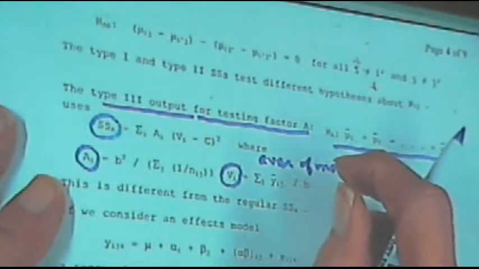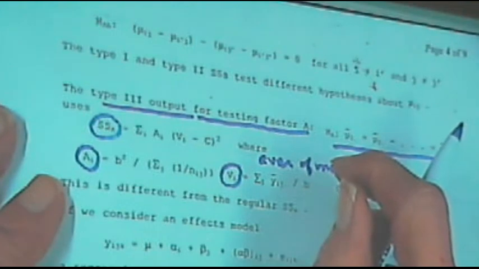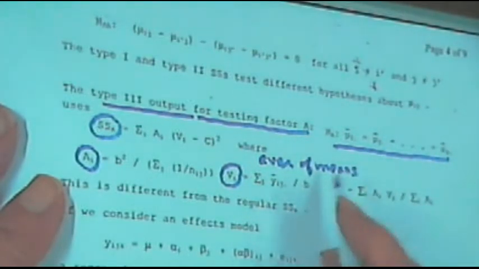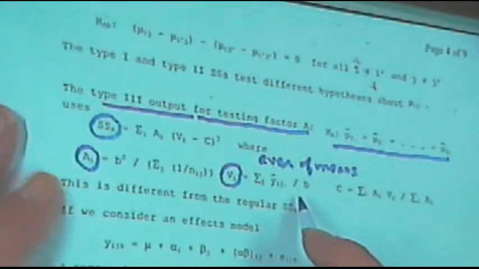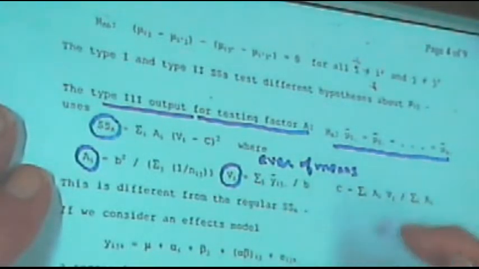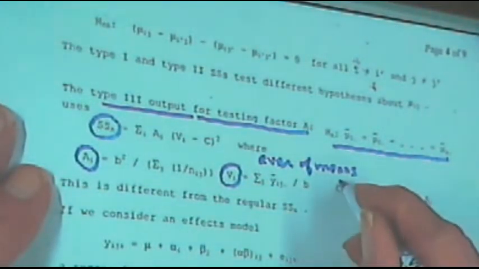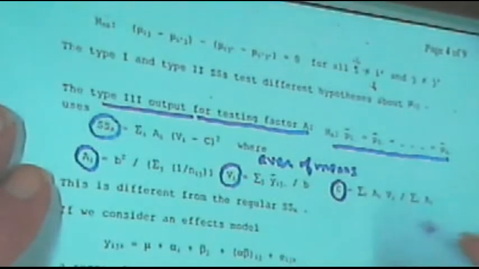That's not the same thing as the average of the data in the ith row. It's not the same thing. So it's an average of those means. That's the V_i. And the C is then sort of an overall average calculated this way, sort of an overall weighted average, basically.